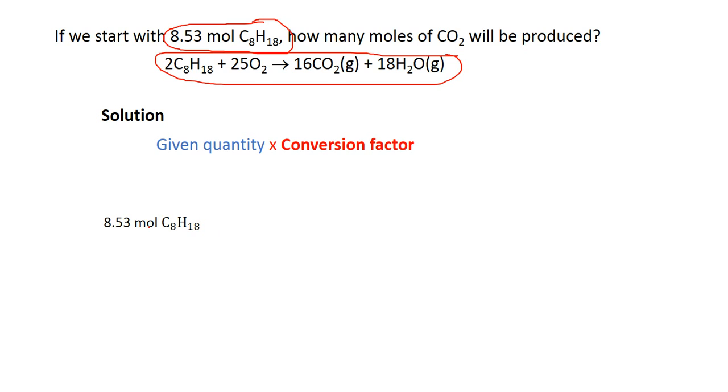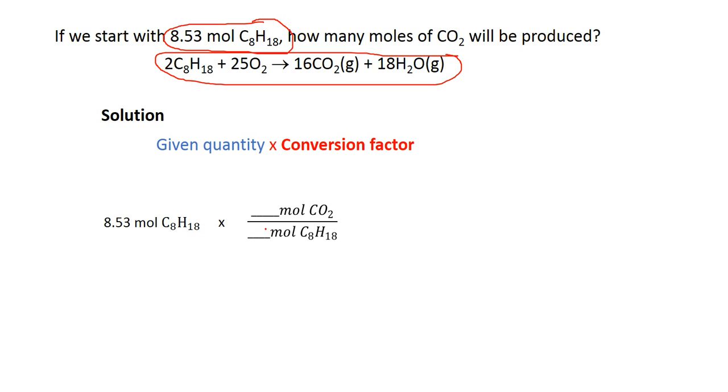C8H8. So if you want to convert anything at all, we need to draw a line here and divide by these moles. So what we are saying is this should be multiplied by mole C8H8.